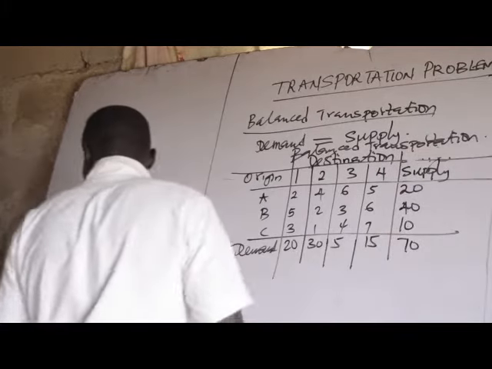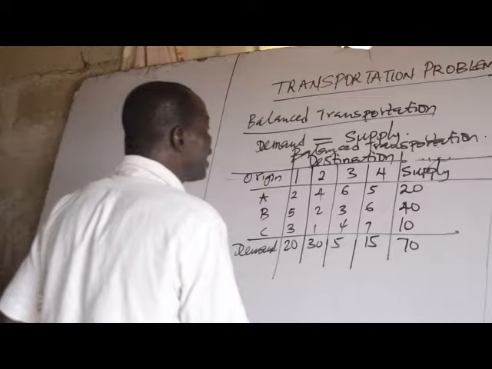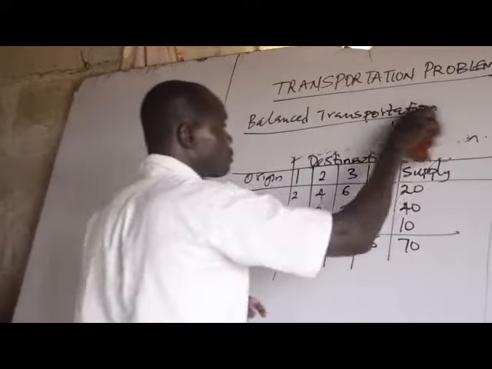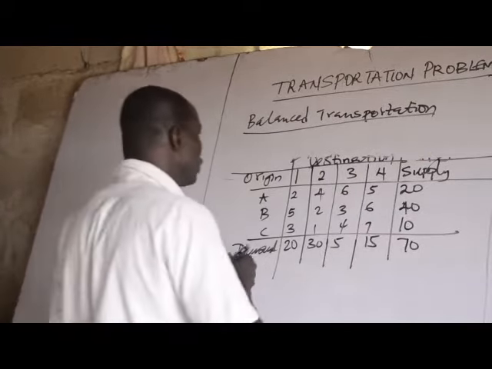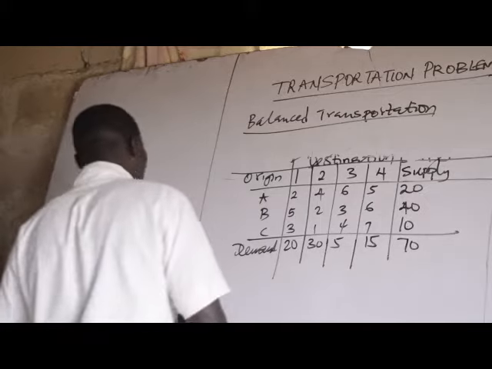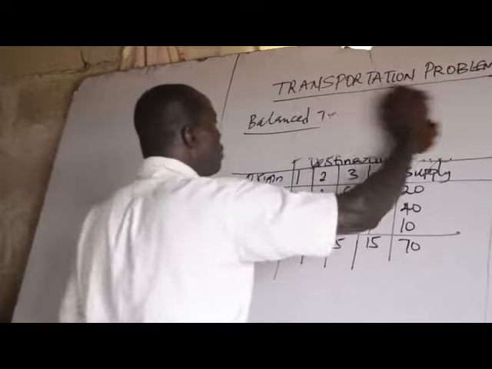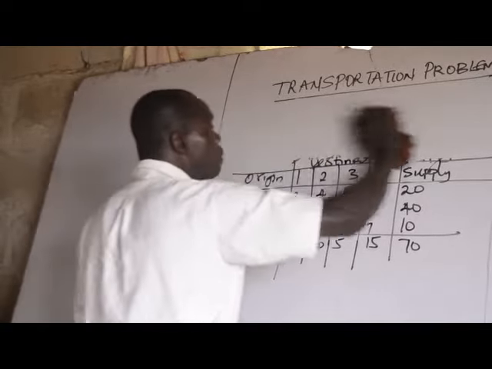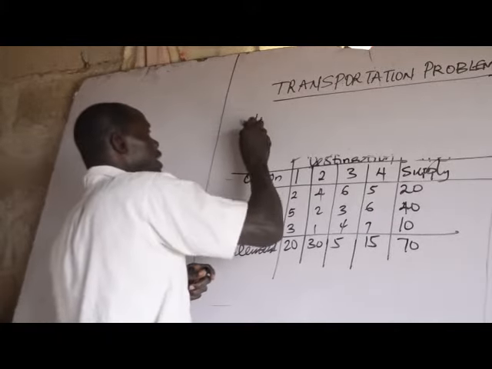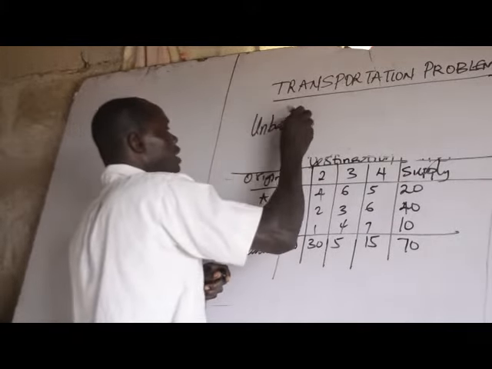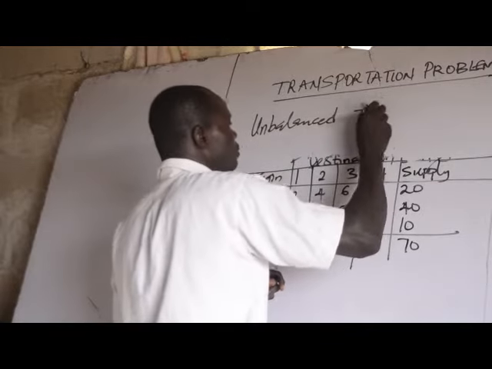We also have the unbalanced transportation problem, where demand and supply are not equal. I said a transportation problem is said to be unbalanced where the demand and supply are not equal.